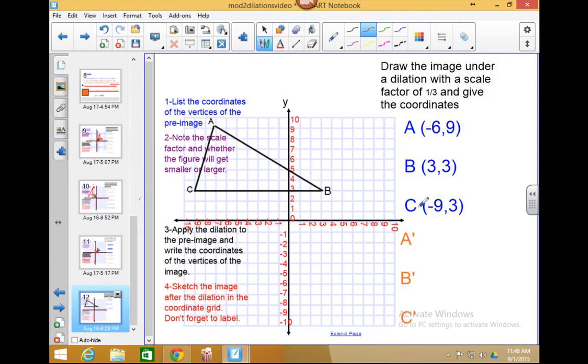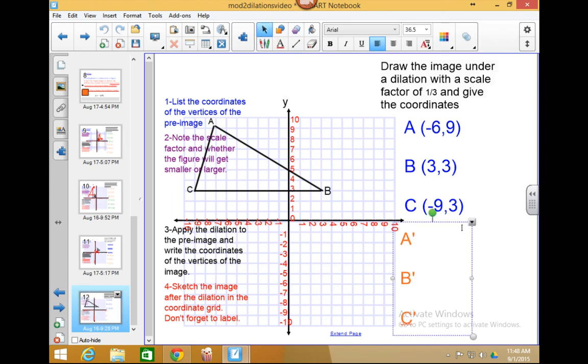Again, I started you off with the coordinates. It says draw the image under a dilation with a scale factor of 1/3. Because of that 1/3, the figure is going to get smaller because it's smaller than 1. So again, my first step is to apply the dilation. When you multiply by 1/3, you are taking 1/3 of the number, which is actually like dividing by 3.